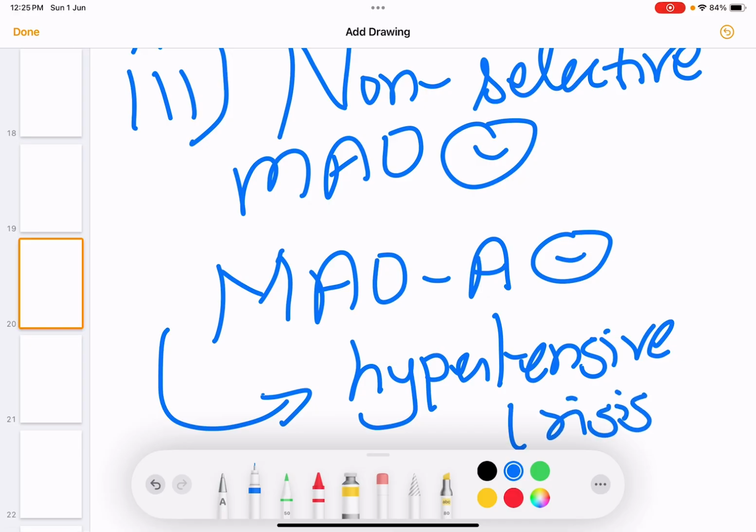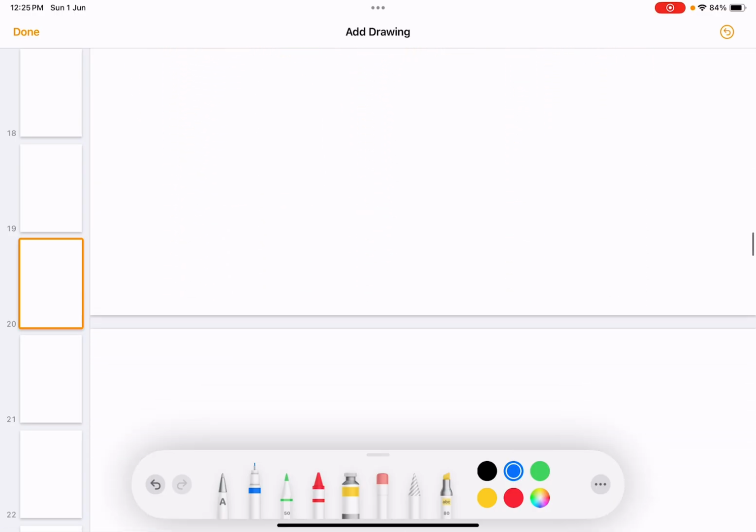That is why in anti-Parkinsonian drugs we read about MAO-B inhibitors. MAO-B is present only in brain, so that can be used with levodopa. But these non-selective MAO inhibitor and MAO-A inhibitor should not be used in combination with levodopa as they can cause hypertensive crisis. So this is about levodopa.